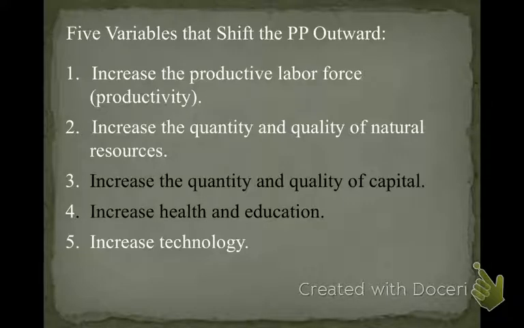The U.S. shouldn't just make cars and computers while Japan just sits back. Instead they need to find out what they're better at doing when they're giving up the other thing. So if I want to find out who has a comparative advantage in computers, I want to see what they're giving up for one computer. For every one computer that they give up, I want to figure out how many cars they're giving up.